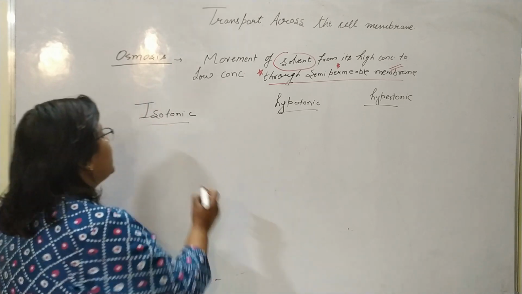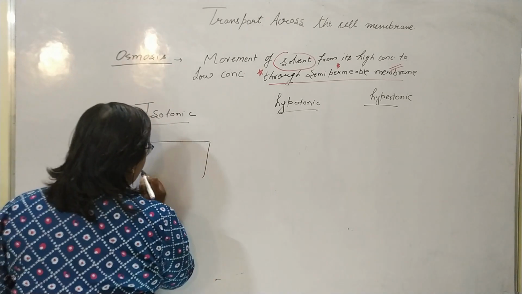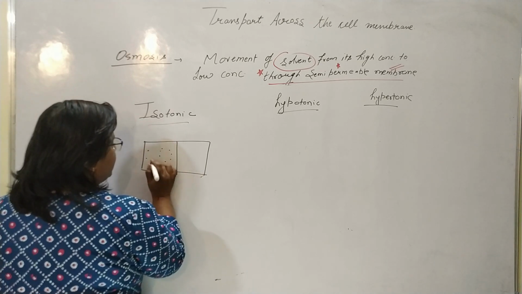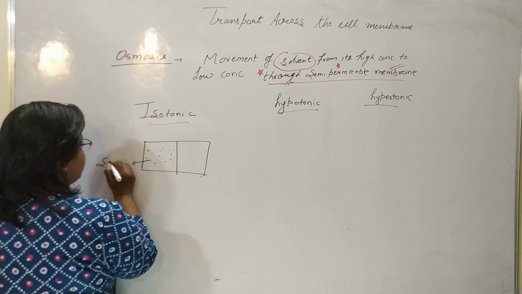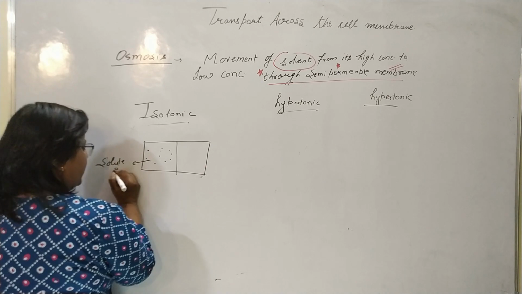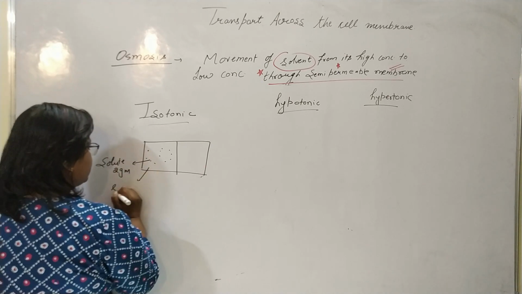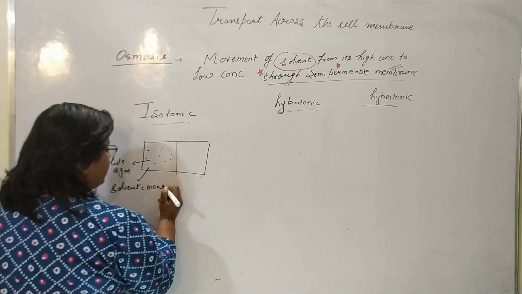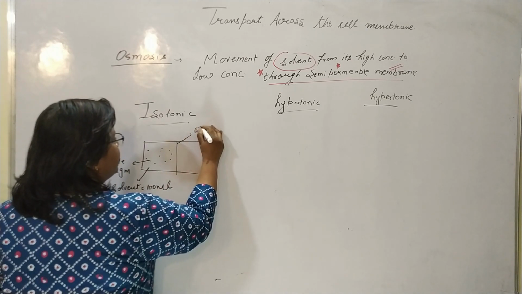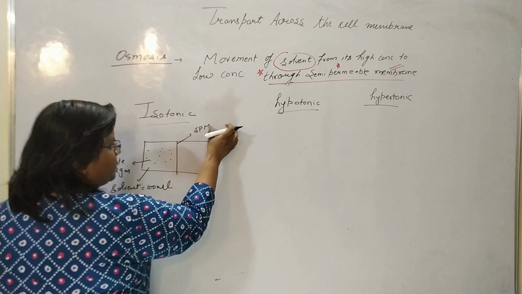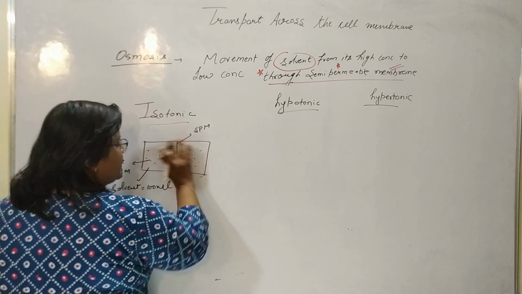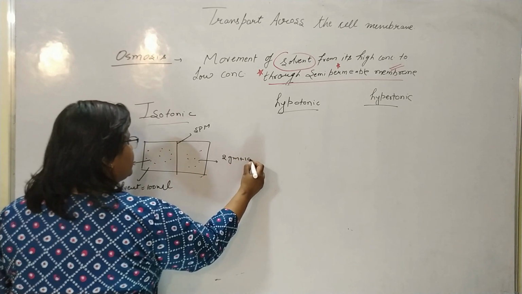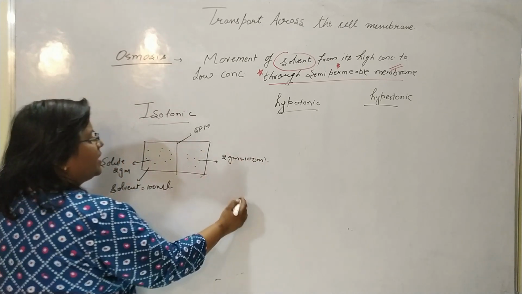So we have to compare two solutions. Suppose the solute is 2 gram and the solvent is 100 ml, and these are separated through an SPM, a semi-permeable membrane, and in the second chamber we keep the same concentration, 2 gram and 100 ml.